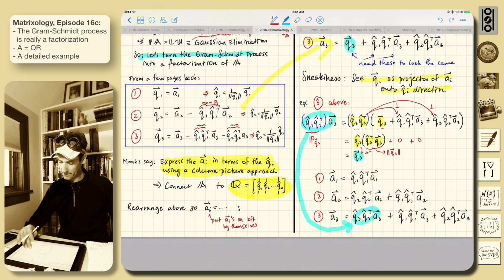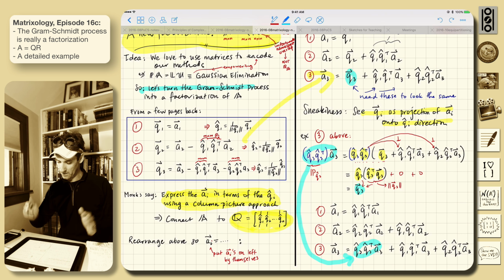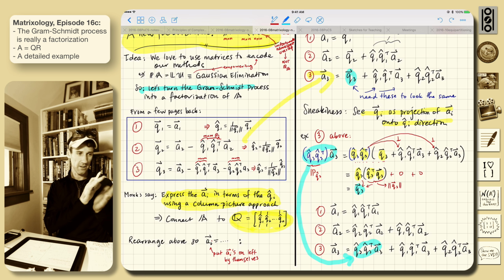So now they look very similar. They've all got the same structure, right? There's this projection operator in the Q3 direction here, in the Q1 direction, Q2 direction. They're all multiplying A3. So this should start to make sense, right? If we want to make A3 again, we project it into the Q3 direction, the Q2 direction, the Q1 direction, and then rebuild it.